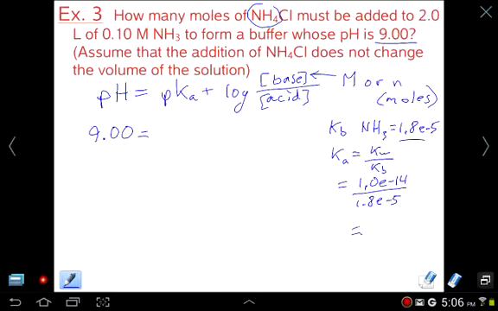We should go ahead and compute that, and we get 5.56e-10. This is our Ka.